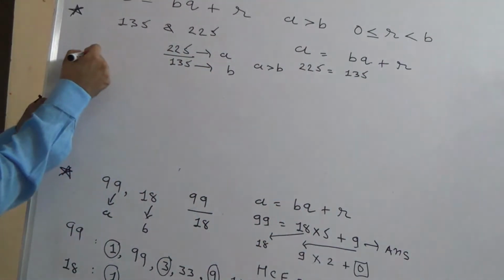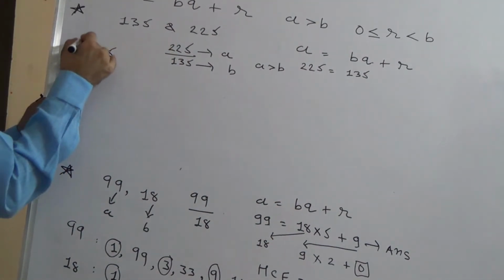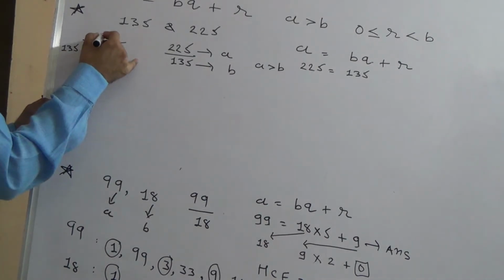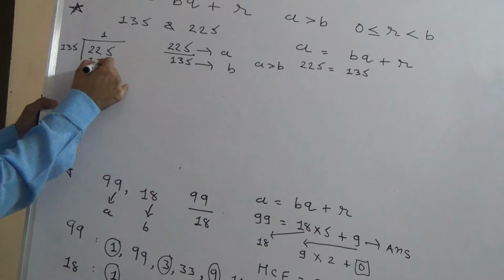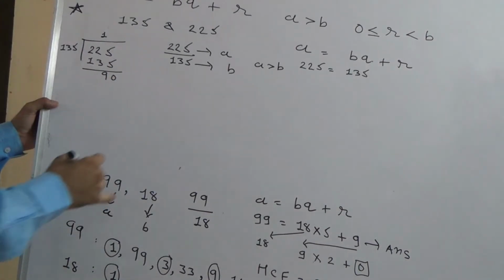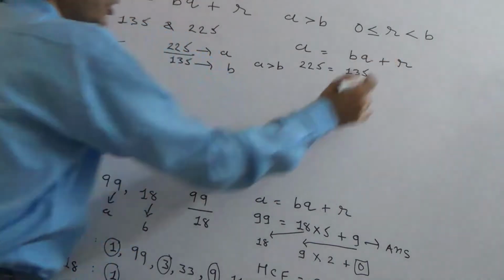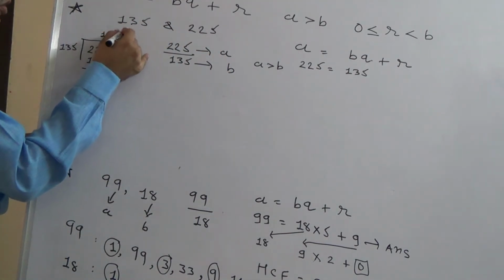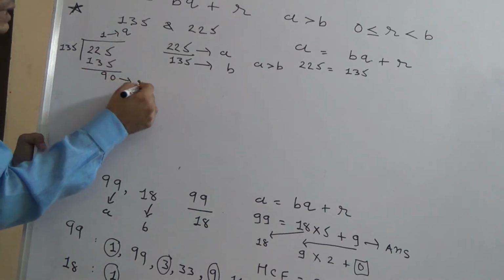So 225 divided by 135. 135 ones are 135, so the remainder is 90. Here Q means quotient and this one is R.